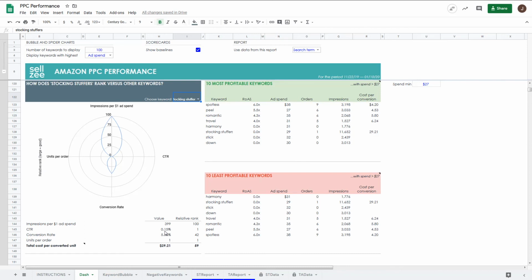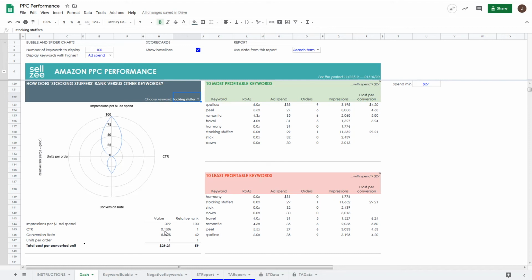So, for example, let's say that what you're selling is actually a stocking for Christmas, and you're running a phrase match on the keyword stocking, but you haven't yet created a negative exact keyword for stocking stuffers. What's happening is when customers type in the search term stocking stuffers, your ad might start getting impressions, a lot of them towards the beginning of the campaign.